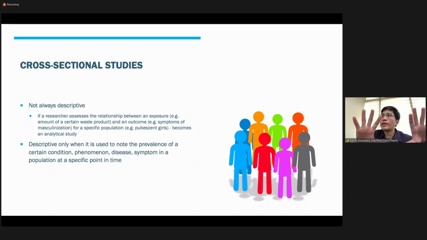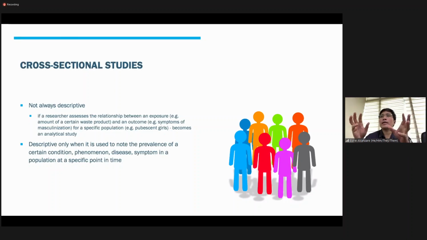We're only showing that they seem to be related or associated. We're not trying to establish a relationship. So some cross-sectional studies try to assess the relationship between, say, an amount of a certain waste product produced by a mine and the outcome, say the symptoms of masculinization for a specific population, such as pubescent girls. In this case, it's no longer a descriptive study, it's now an analytical study.